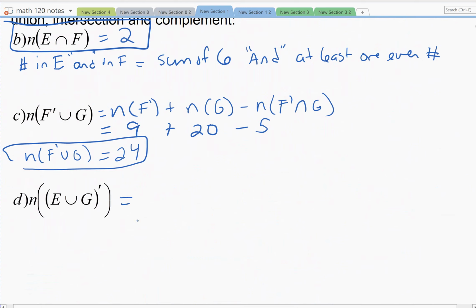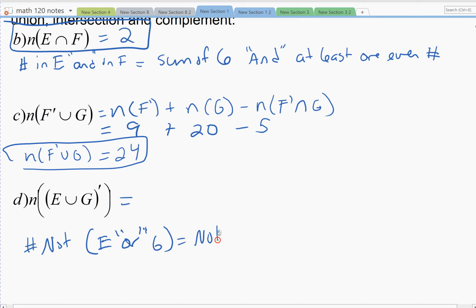Alright, the last example for this set. I want the number, remember the prime out here means not, the number not from the group E or G. Alright, so E or G, I've got to remember what those were.